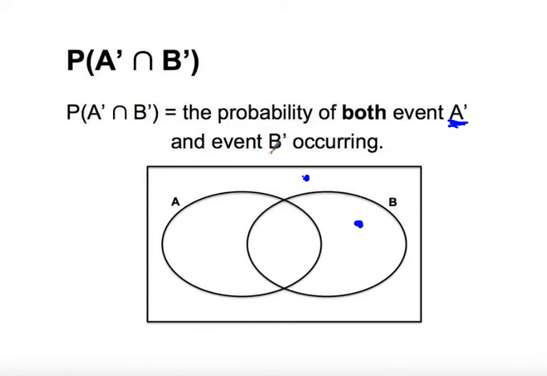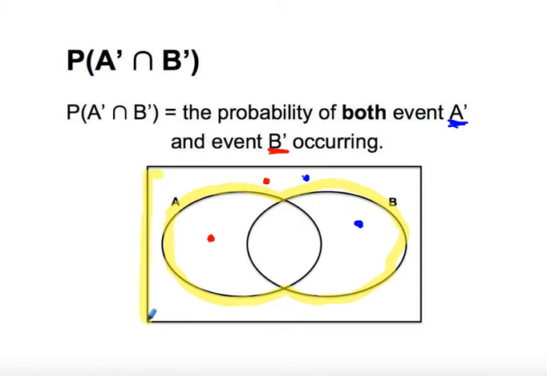If I use a red pen just to identify where on the Venn diagram that B complement occurs, B complement is the regions outside of B, so that would be this region here and this region here. The intersect is where both occur. The intersect is quite a big region, so I'm not going to colour it in, I'm just going to highlight which region we're talking about.